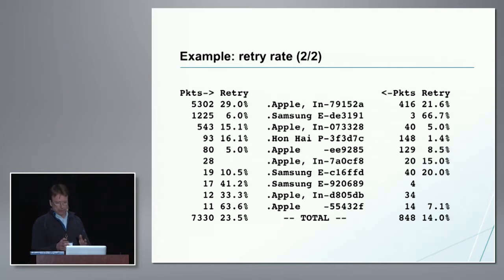It's split in three parts. You have the clients in the middle, traffic from access point to the clients on the left-hand side, and on the other side traffic back from the clients to the access point. And each of those side sections has a packet count column and a retry percentage column.